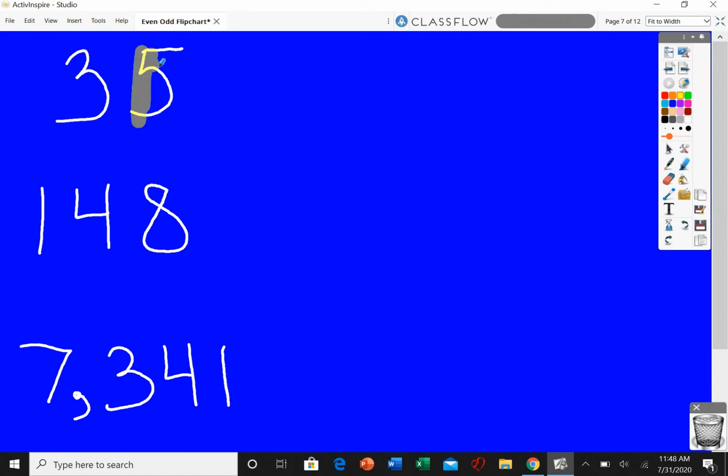Yes, out here at the end, at the last number. So I'm going to highlight those so you remember that you only need to worry about what's at the end in the ones place. So you're only going to have to draw 5 circles to tell if it is even or odd. You're only going to have to draw 8 circles to tell if it's even or odd. You're only going to have to draw 1 circle on that one to tell if it's even or odd. And you can draw circles or dots, whatever you need to tell if that's even or odd.